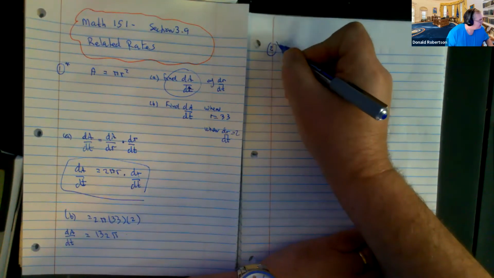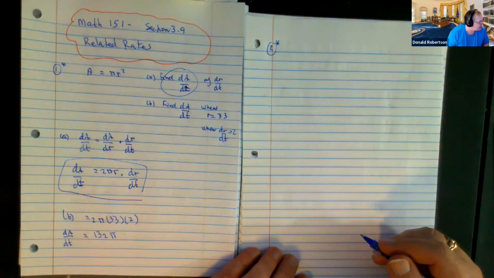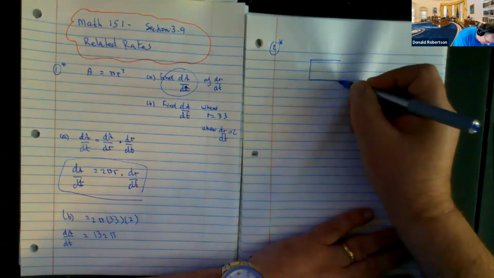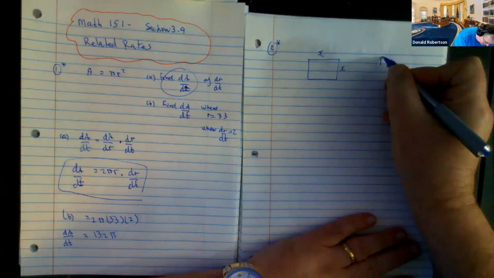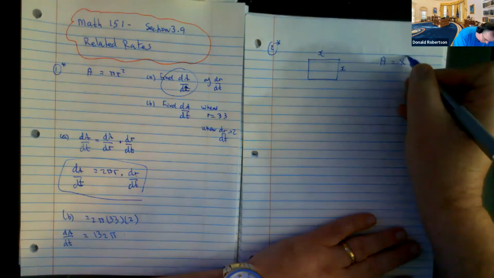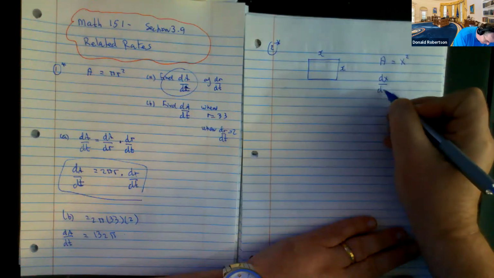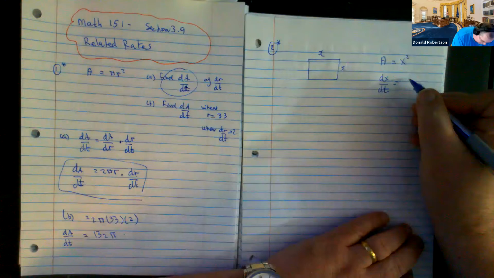The next story is each side of a square is increasing at the rate of 6 centimeters a second. Now, if you imagine a square, and we'll call the side x, then the area of this square is x squared. And you have told me that it's increasing at the rate of 6 centimeters per second.